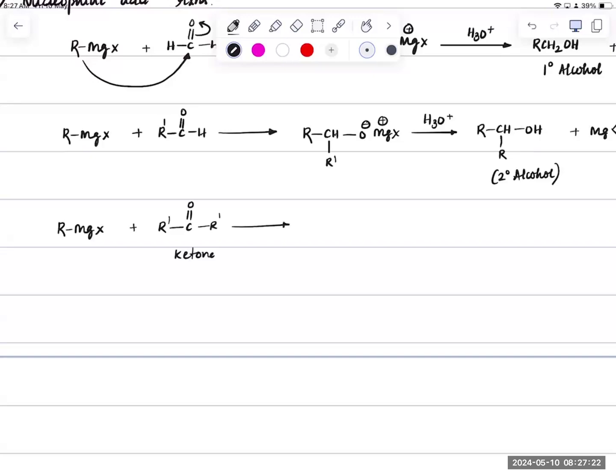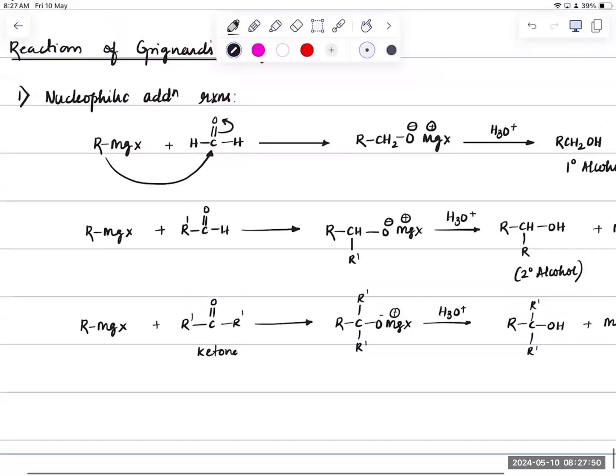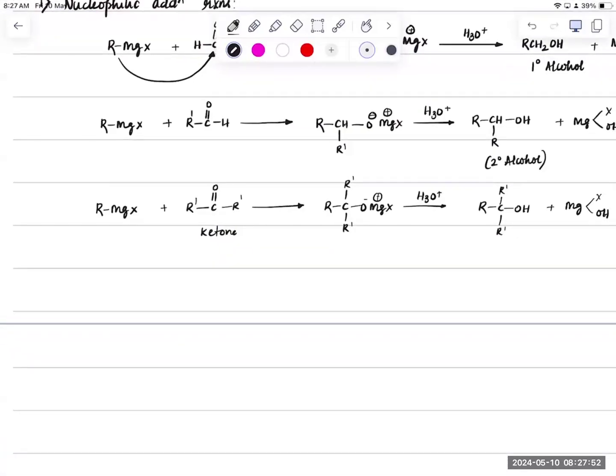So when you add it on ketone, you will get this as R C R dash and R dash here with O minus MgX plus, that on acidic hydrolysis will give you alcohol plus MgX and OH. This is what you will get in case of nucleophilic addition in this case.